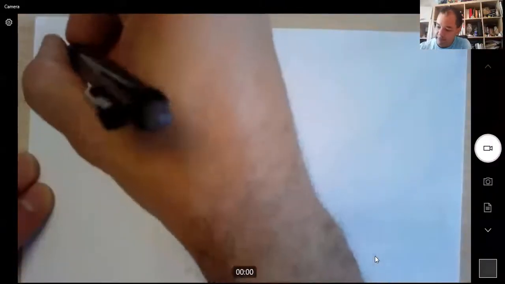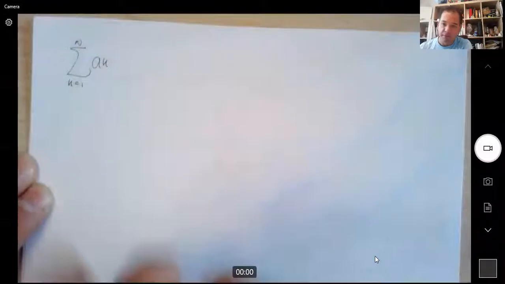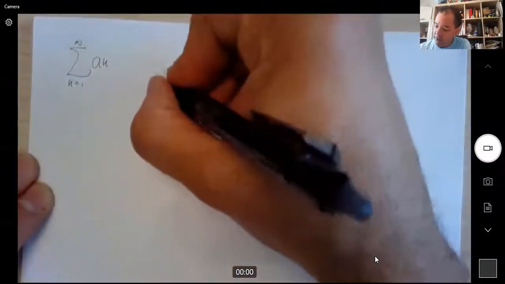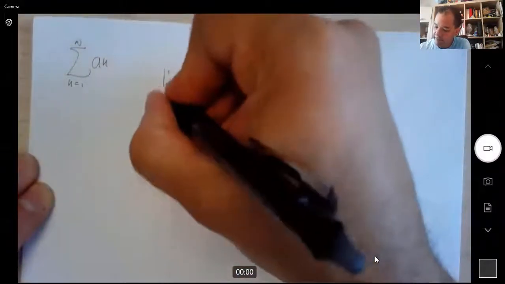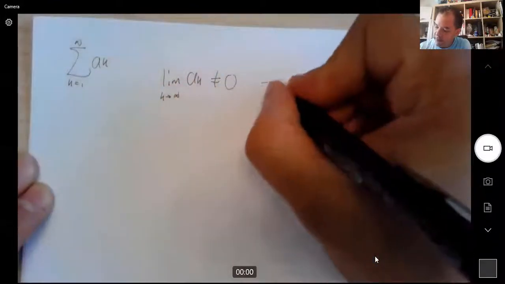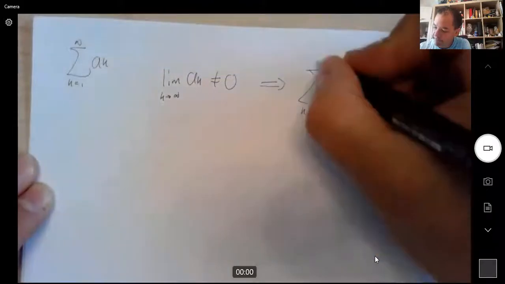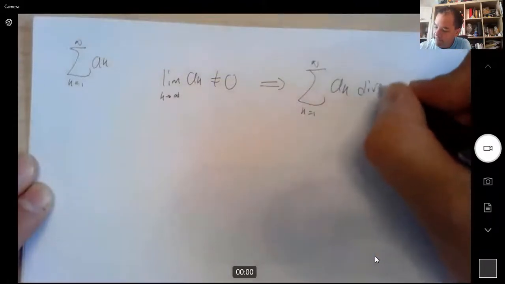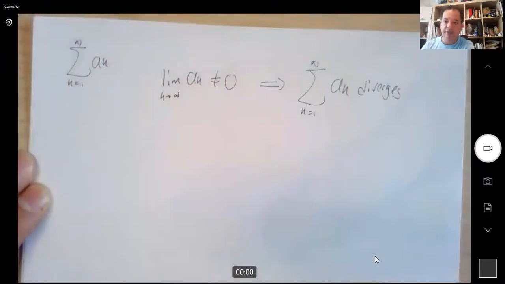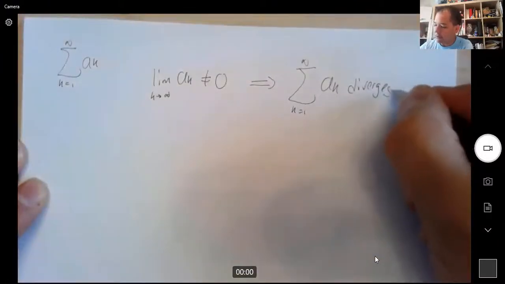If you have a series, some series, and then you say if the limit is not 0, then the series diverges. Correct? Is that the way you understand the divergence test, Michael?